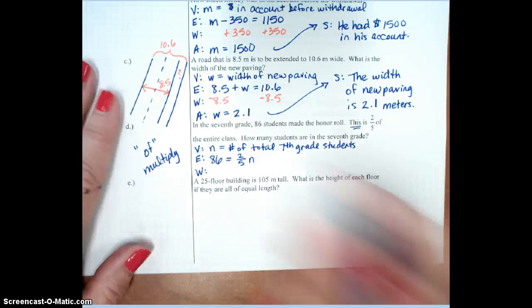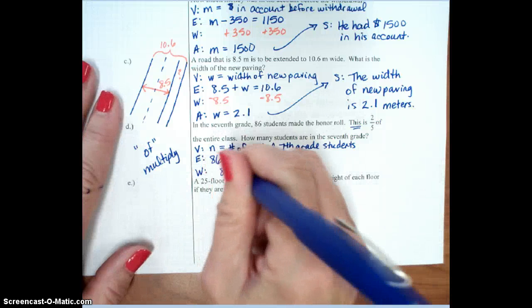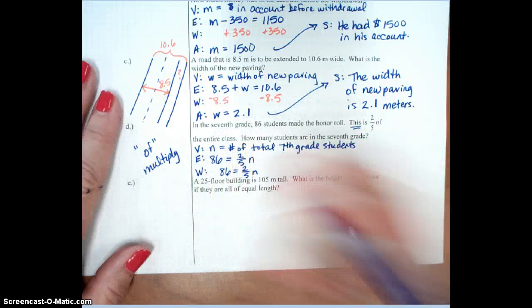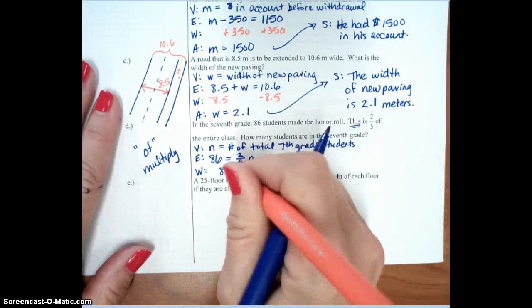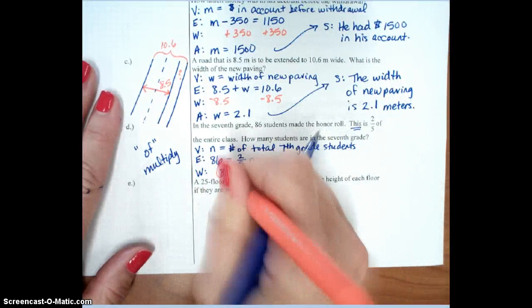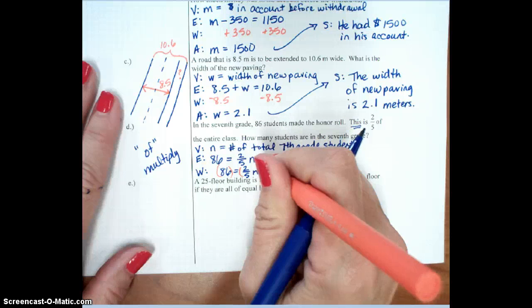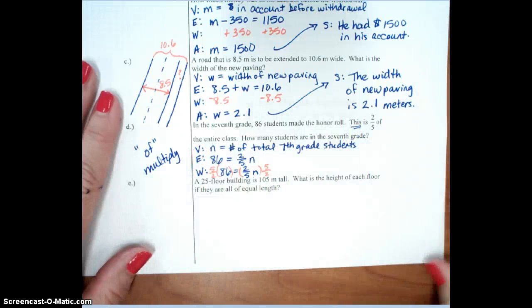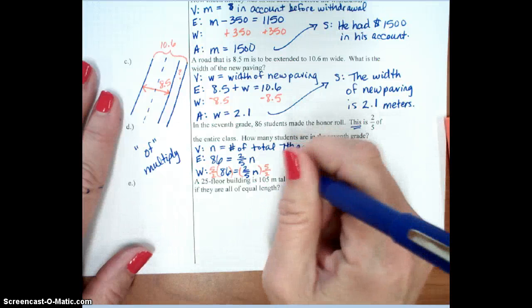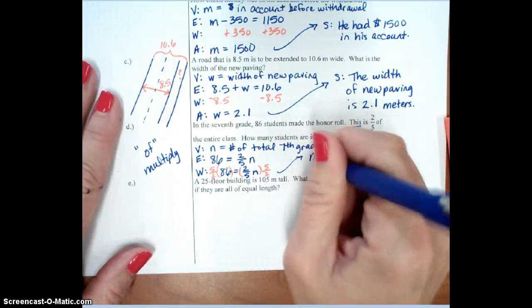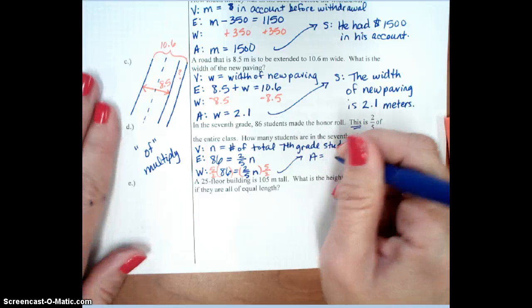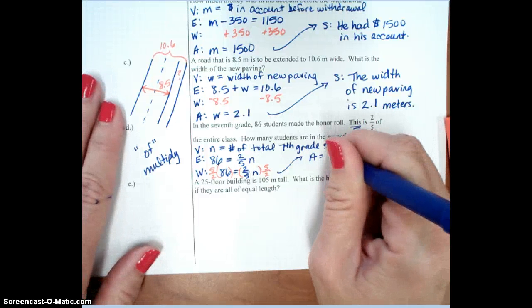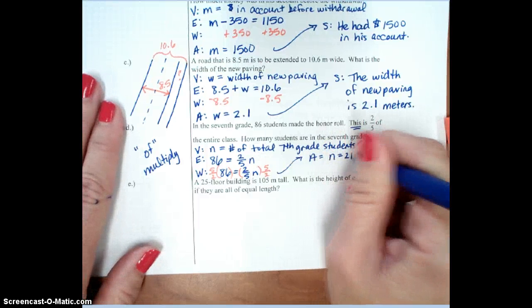So to work on that equation, I can solve for n by multiplying both sides of the equation by the reciprocal of the coefficient. So I'm going to multiply both sides by 5/2. And then the answer I get is n equals 215.